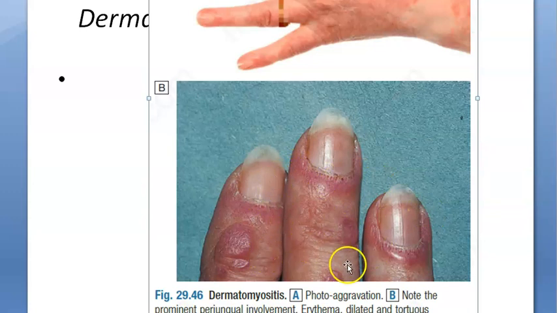Note the prominent periungual involvement, erythema, dilated tortuous capillaries in the proximal nail fold. Oh yeah, see here? This one? Dilated tortuous erythematous capillaries in the proximal nail fold. Ragged cuticles are features of connective tissue disorder. Is that what they mean? Ragged cuticles.